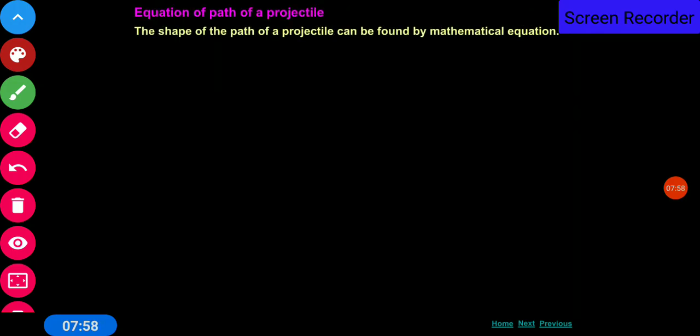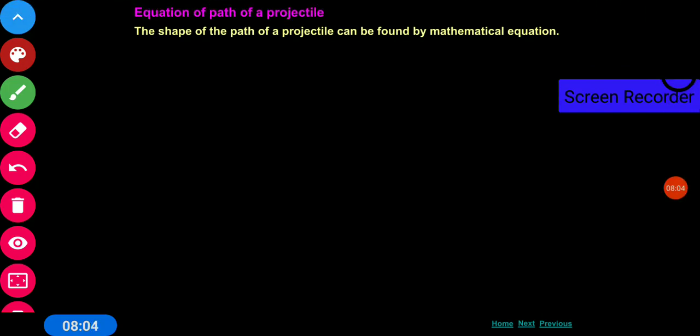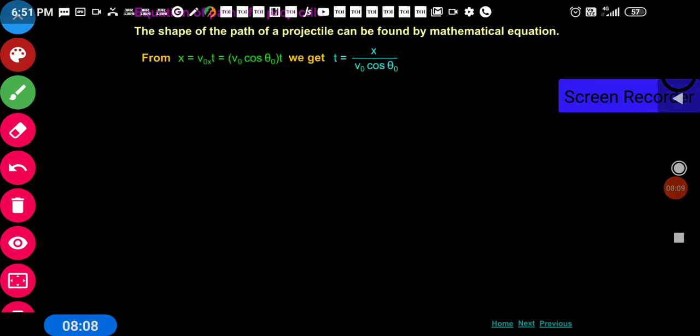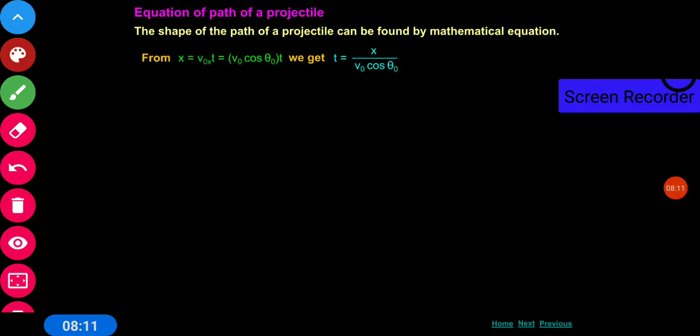Now the equation of the path of a projectile. The shape of the path of a projectile can be found by a mathematical equation. From x = v0x t = v0 cosθ0 t, we get t = x/(v0 cosθ0).